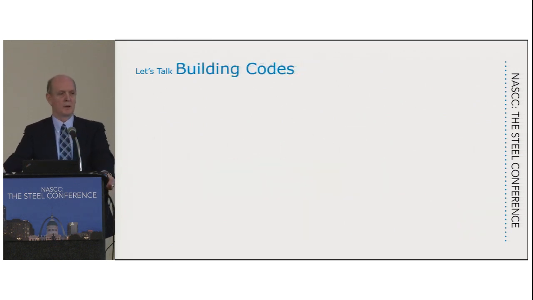So let's talk building codes. I've talked a lot in the past about measuring shaking intensities, looking at shaking intensities from past earthquakes. But the building code is really trying to look into the future. And it's saying we need to design buildings for a certain level of shaking. So let's look at what building codes look at for shaking intensity.